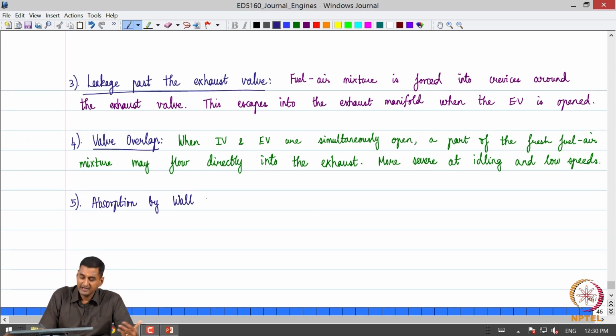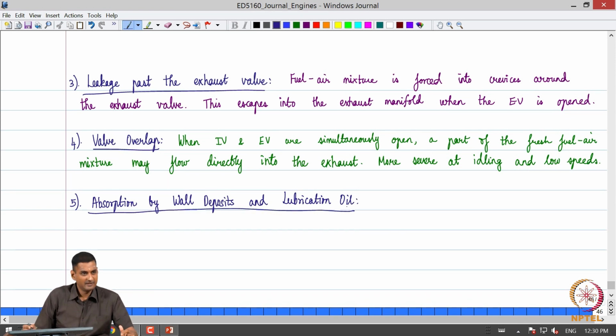Another reason behind hydrocarbon emissions in the exhaust is absorption by valve deposits and lubrication oil. In the cylinder we also have other compounds coming in with the fuel, and there are other reactions, and we will have deposits forming on the cylinder walls and lubrication oil deposits.